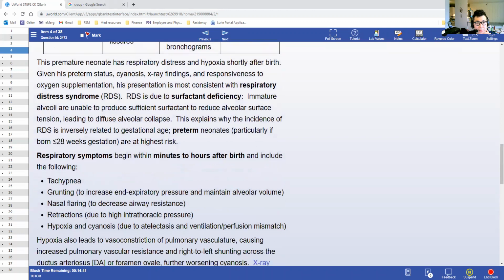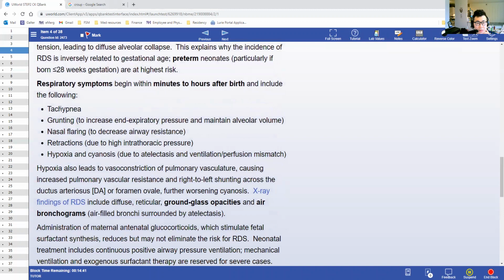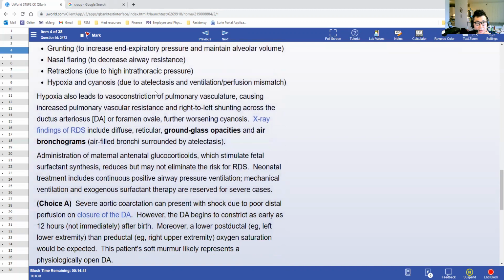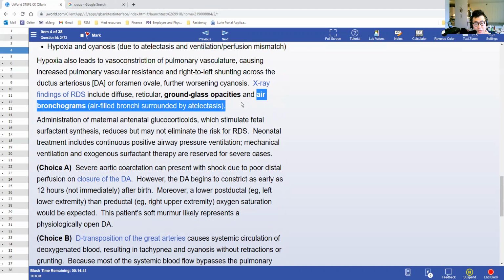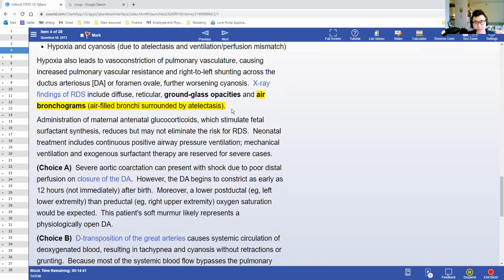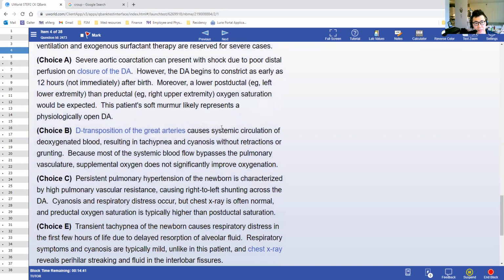Surfactant deficiency: tachypnea, grunting, hypoxia, cyanosis, vasoconstriction of pulmonary vasculature, air bronchograms. Okay, so air-filled bronchi surrounded by atelectasis. Okay, I guess I didn't know. I kind of misunderstood the meaning of air bronchograms. This just means that there's kind of diffuse atelectasis.